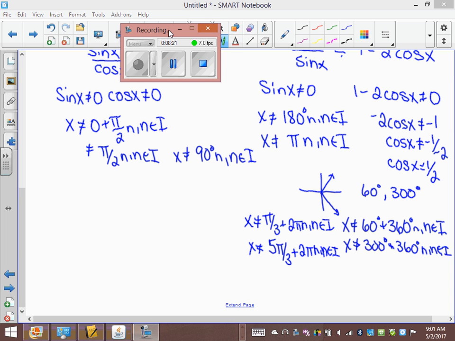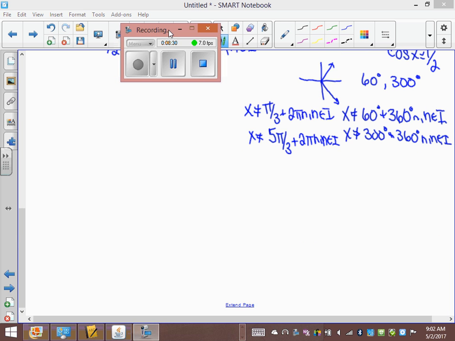We'll skip ahead to, I'm just doing things that I think are ones that you might forget. So write each expression as a single trig ratio.